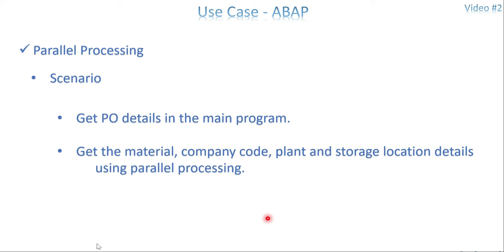This is the scenario I'm going to use in this particular video. So hope you have a basic idea of parallel processing, what are the things to be considered, and the syntax and everything. I will show you in the system as well. Okay.